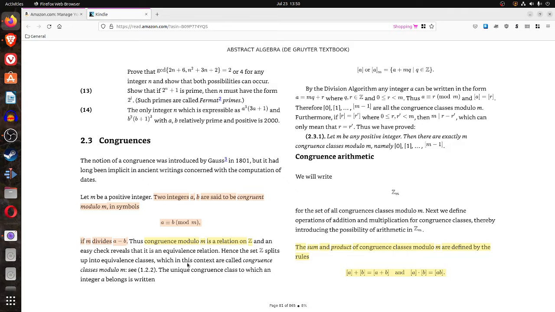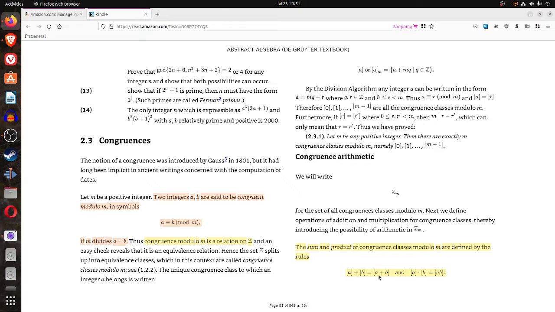Congruence modulo m is an equivalence relation on Z. The classes are congruence classes mod m. There are exactly m congruence classes, namely bracket 0, bracket 1 through bracket m minus 1.